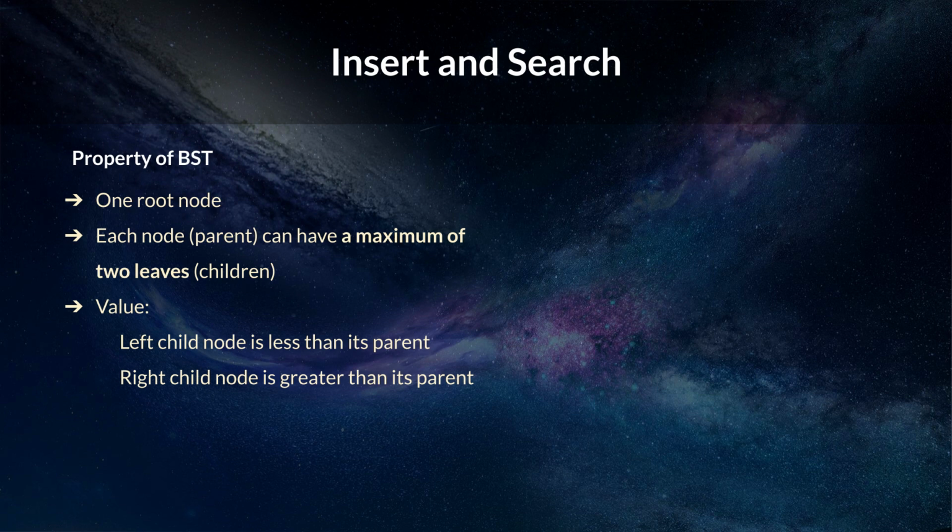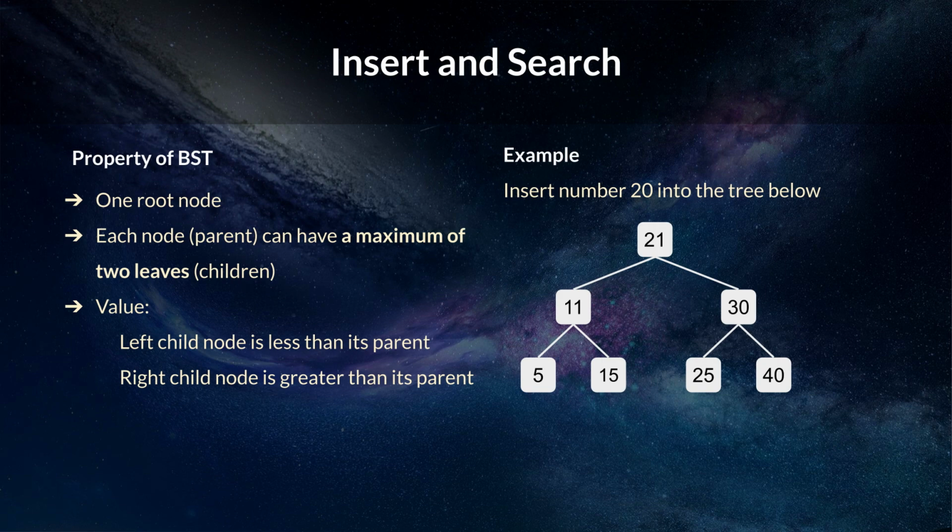For example, we want to insert number 20 into the binary tree below. We start at the root node 21, and since 20 is less than the root, we go left. And then we continue this process until we find the empty spot where we can insert our new node.